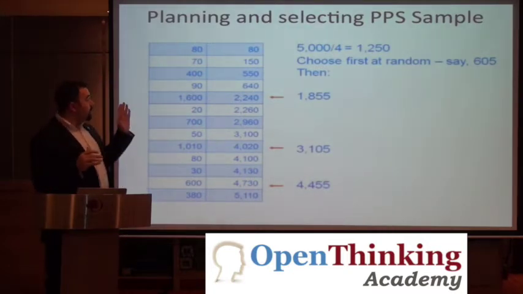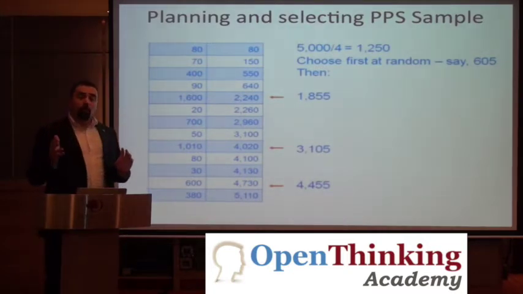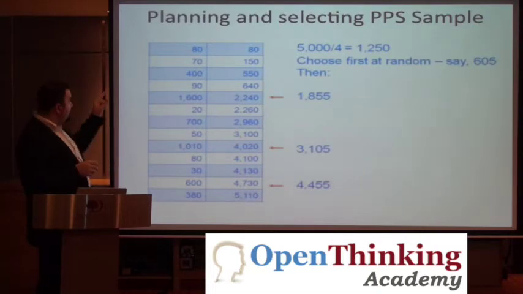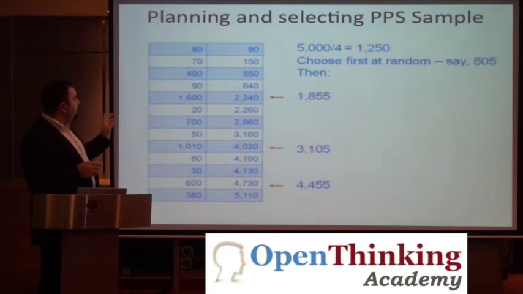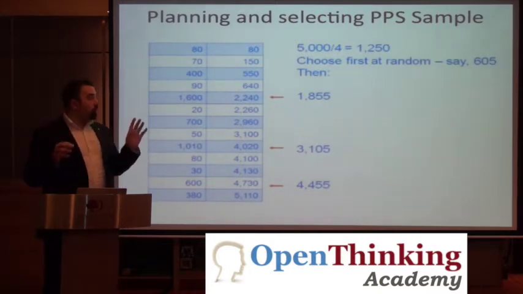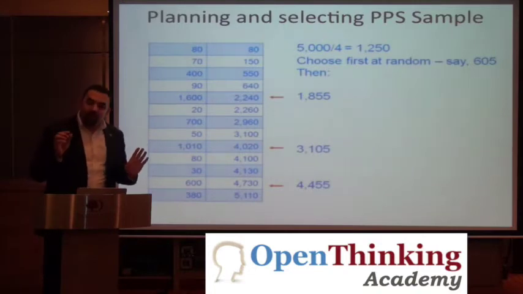So the way we do it, we say 5,000 over 4, because we are interested in selecting 4 samples, that will give me 1,250. Then I say 80, 80, still I haven't reached it. 70, 70 plus 80, 150. Then I have 550, 640. Now 2,240. At this point, I have reached the 1,250, so I will select this invoice.